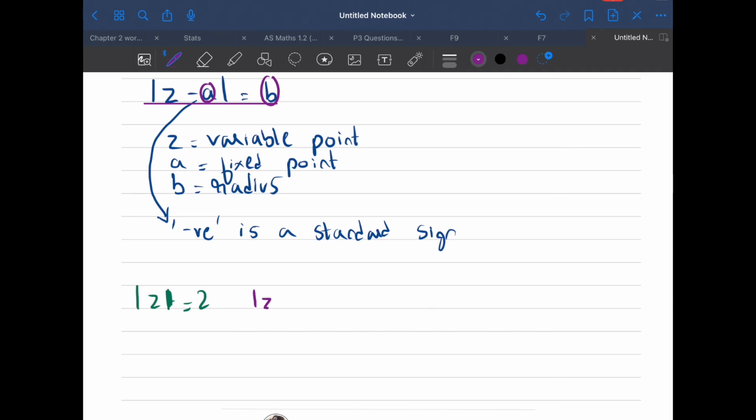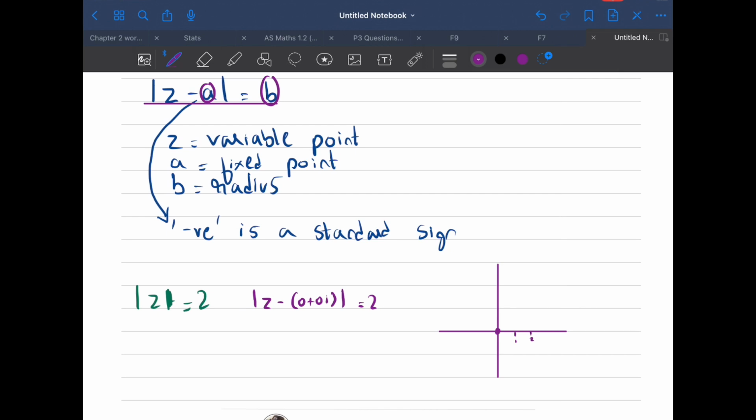So guys, there is no complex number a. So can I write it like this? |z - (0 + 0i)| = 2. That means let's make a locus. So my center point is 0, comma 0, and my circle has a radius of 2.